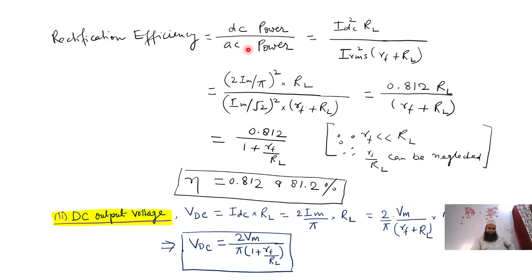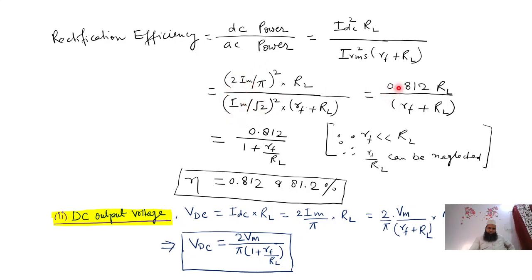input is AC power. That is, IDC square RL upon IRMS square into Rf plus RL. We can put IDC equal to 2Im upon pi, IRMS equal to Im upon root 2, whole square. This can be solved.